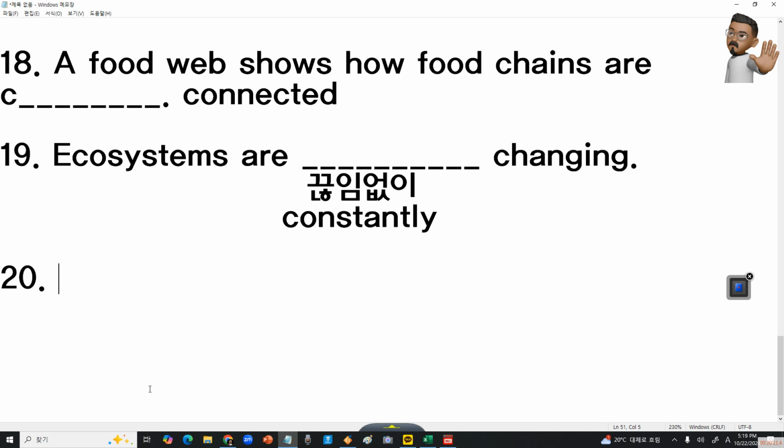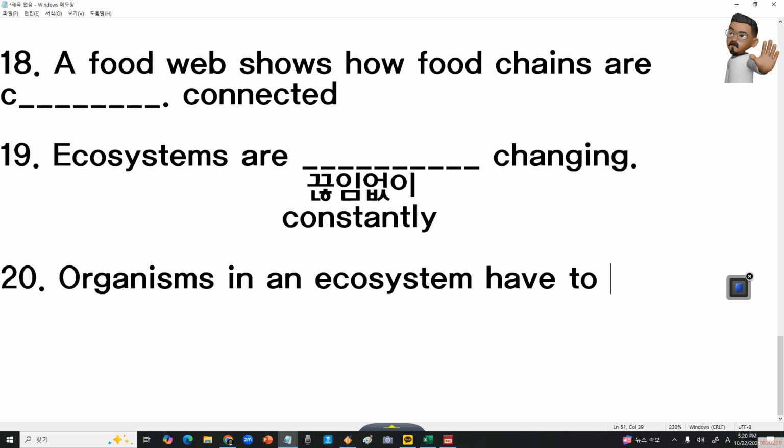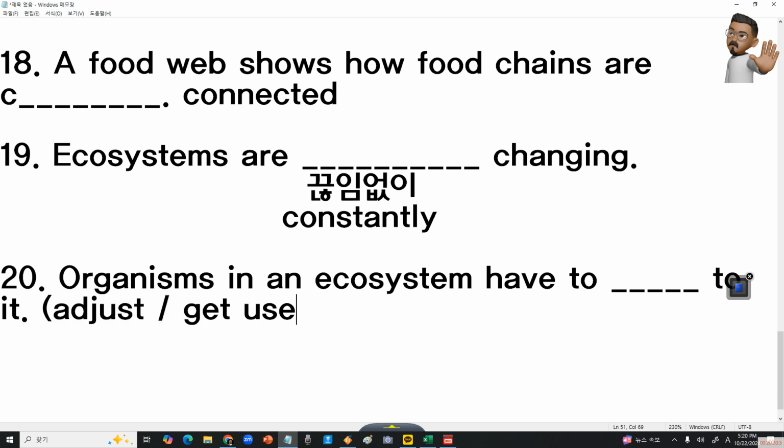Next question 20. Organisms in an ecosystem have to blank to it. A synonym: adjust, get used.